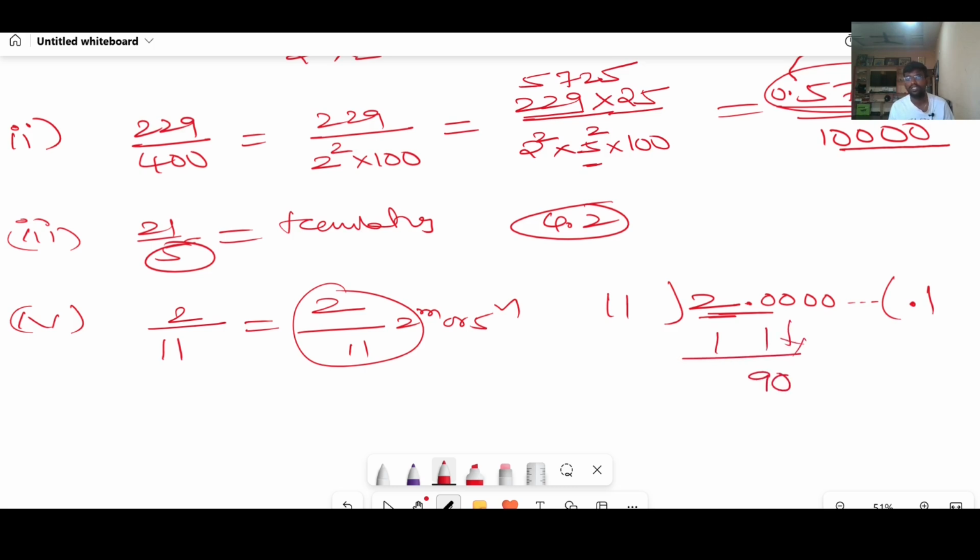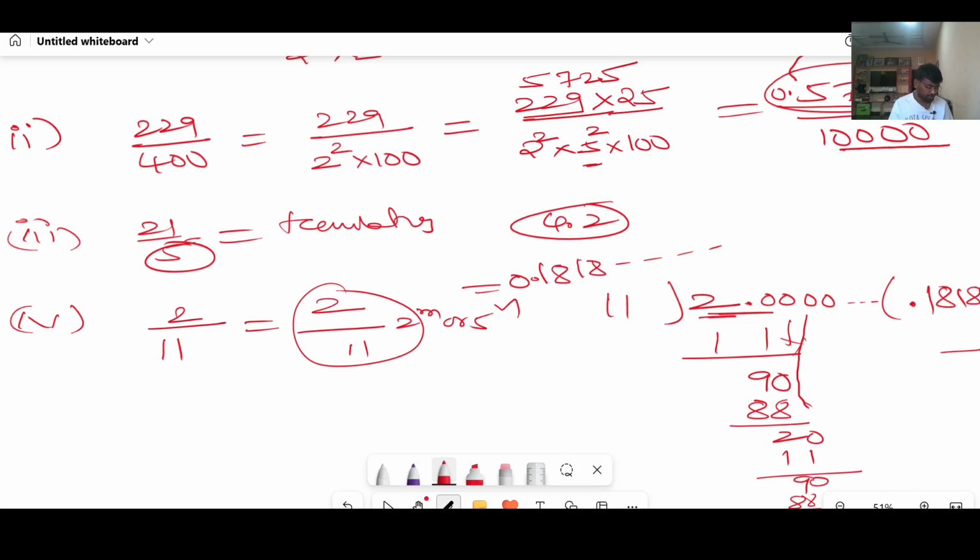I will take 0 here. 11 eights are 88. 2 is the remainder here, 0 here. 11 ones are 11, and again I am left with 9, and 0, 11 eights are 88, remainder 2, and it goes on. Therefore the value of this one is 0.18, and so on. And the next question you can do easily, and without further delay we will do the second part.